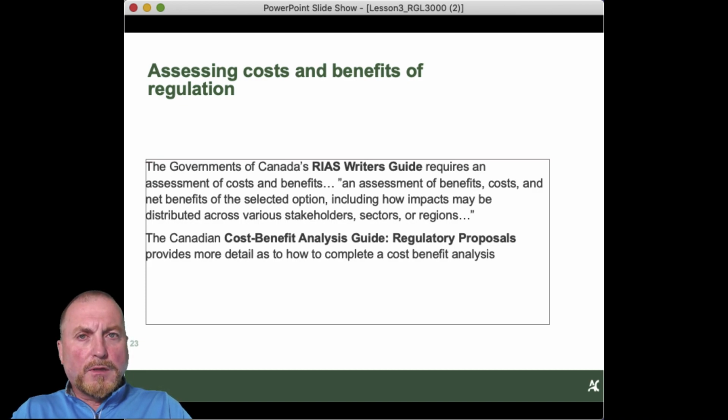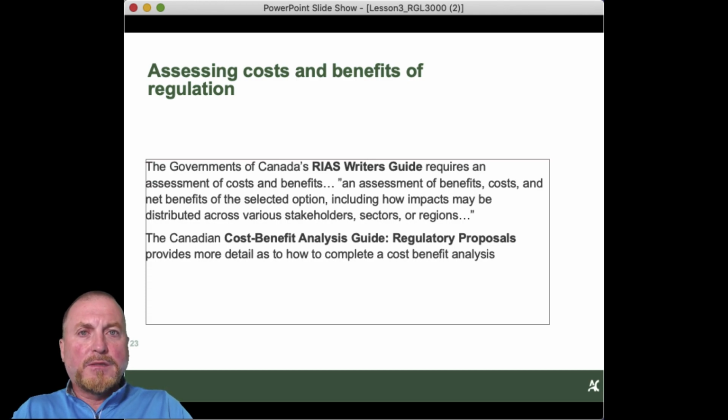You should also be pulling down the Cost-Benefit Analysis Guide for regulatory proposals of the federal government, because any regulation you choose for your topics will be assumed to be a medium to high impact regulation, and I want you to learn the mechanics of going through a cost benefit analysis. Am I expecting a super sophisticated cost benefit analysis?